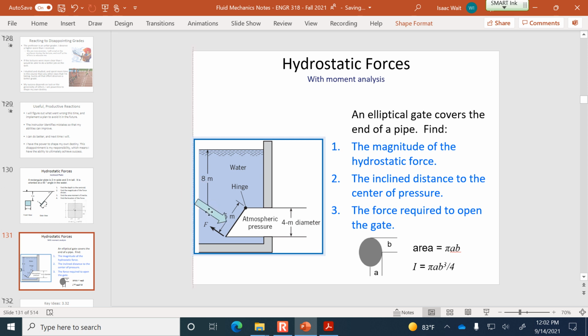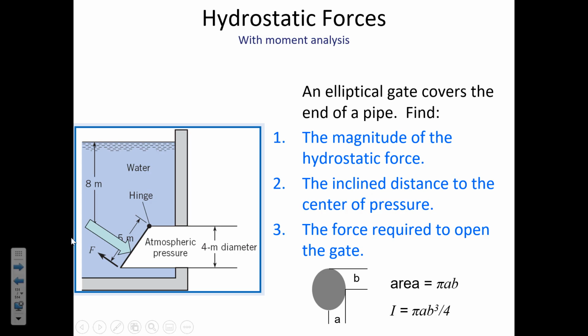It's going to be a little bit below the center of area. So here's the centroid of the gate, in the physical middle, but this force location is a little bit lower. So the water is pressing the gate closed. We want to open up the gate. So how big does F need to be?